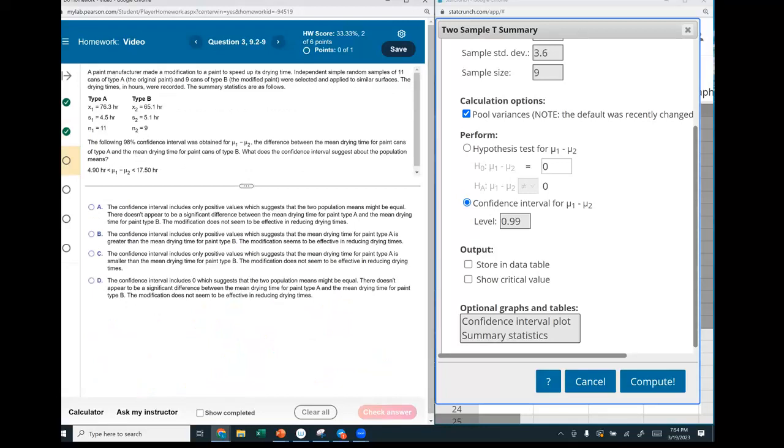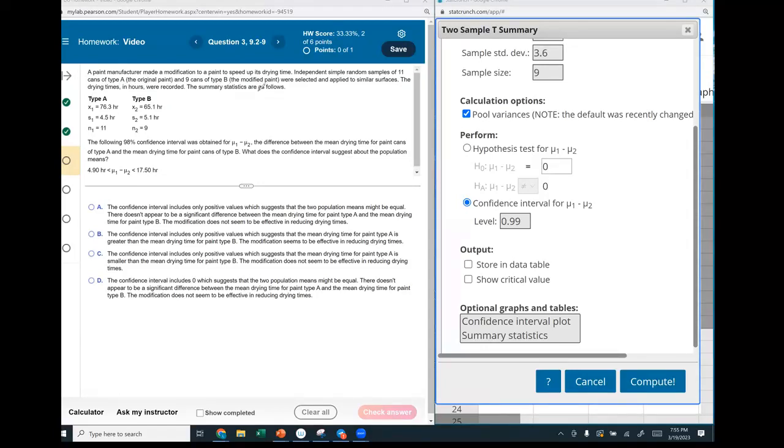A paint manufacturer made a modification to the paint to speed up its drying time. Independent simple random samples of 11 cans of type A, the original paint, and 9 cans of type B, the modified paint, were selected and applied to similar surfaces. The drying times in hours were recorded.